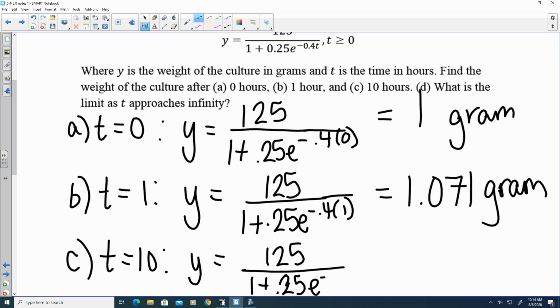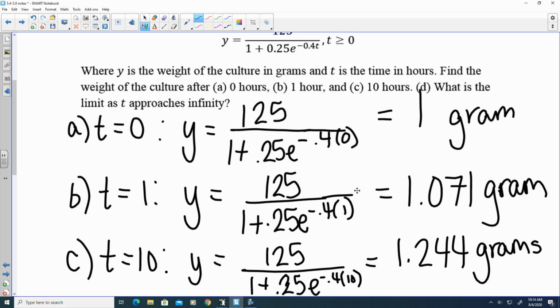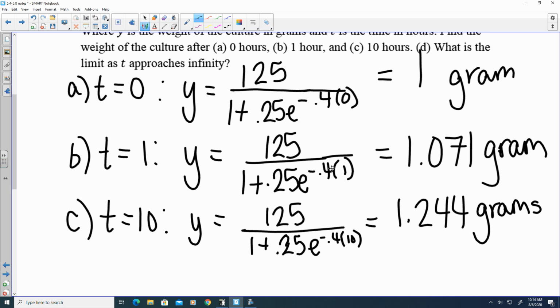So I'm plugging in 10 for t. 1.244 grams. And last one, actual calculus. What is the limit as t approaches infinity?